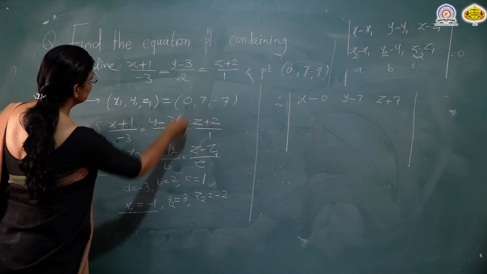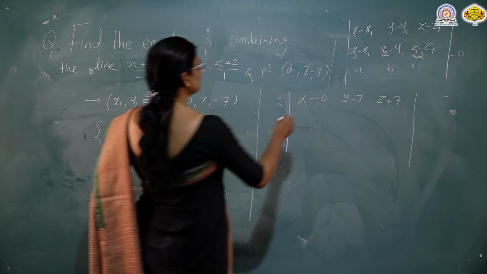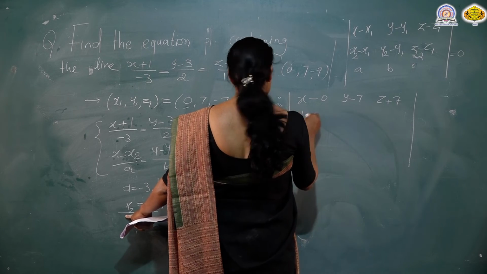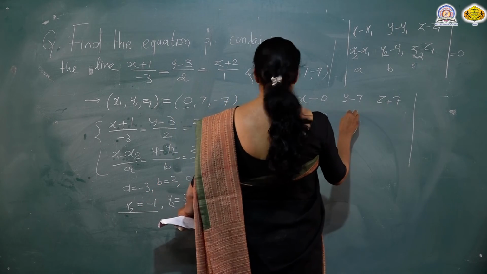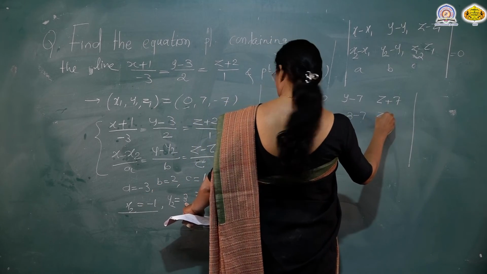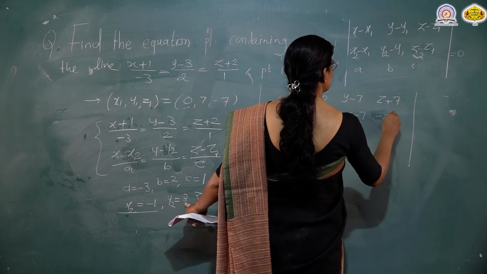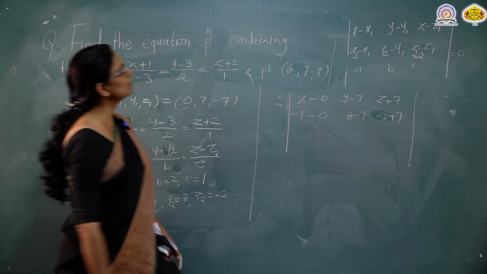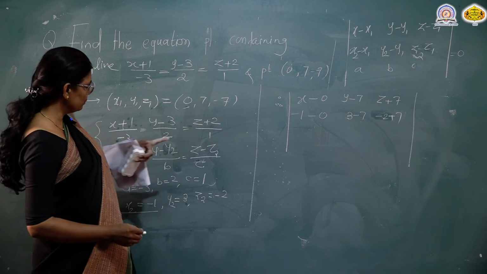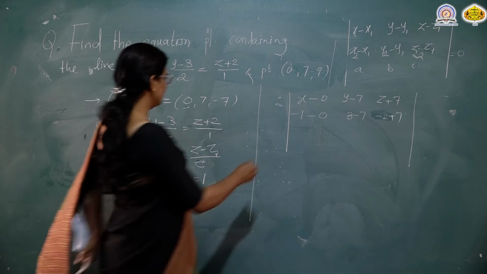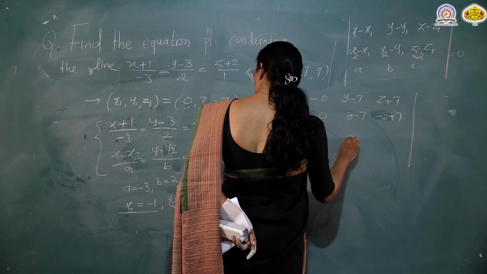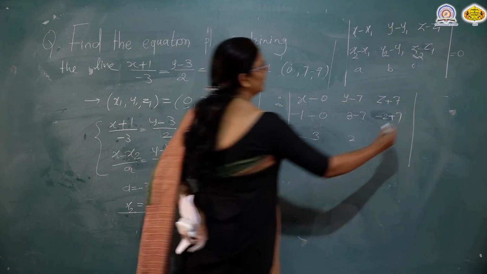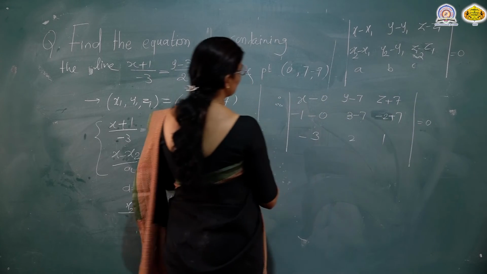This is x2, this is x1, which is the same as minus 1 minus 0, 3 minus 7, minus 2 plus 7. And now put the values of a, b, c, those are minus 3, 2 and 1, and this determinant equals 0.